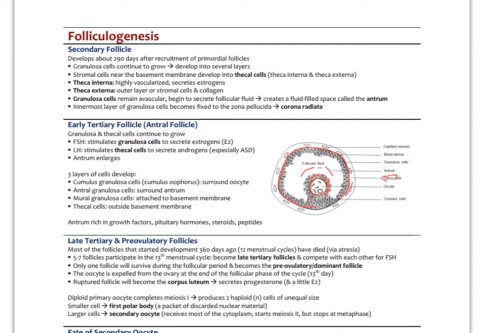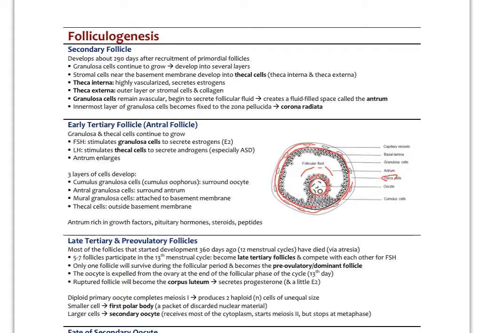The thecal cells, and there are capillaries and whatnot out here, are the last layer of cells. There is an internal thecal layer, right up against that basement membrane, which is highly vascularized, and it secretes estrogens. Then there's a theca externa, an outer layer with stromal cells and collagen and so forth, so a little more dense.